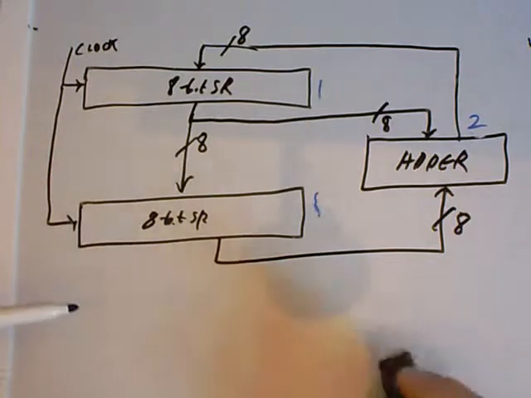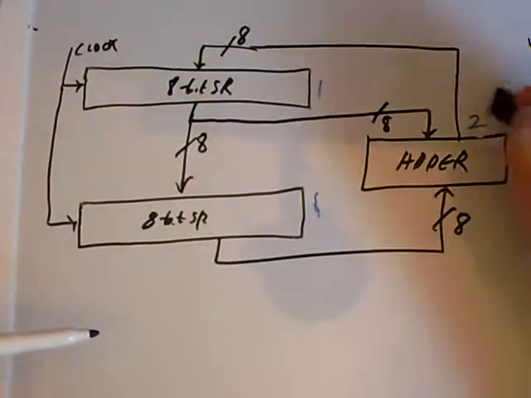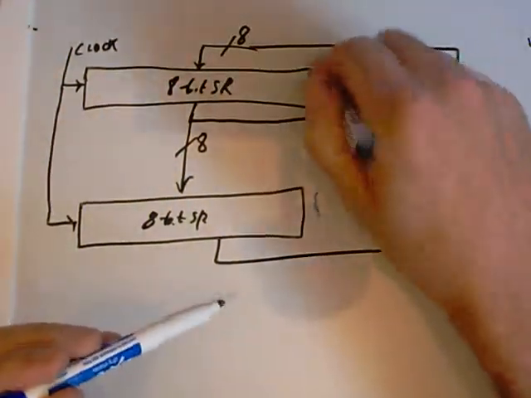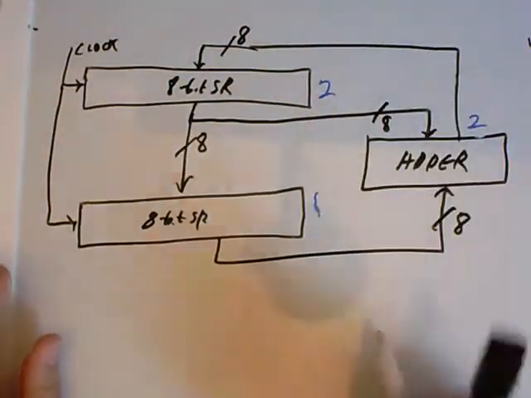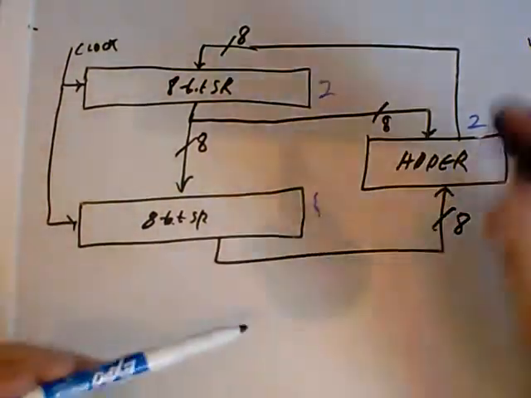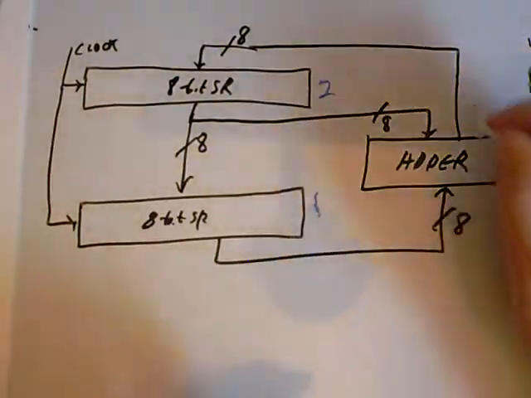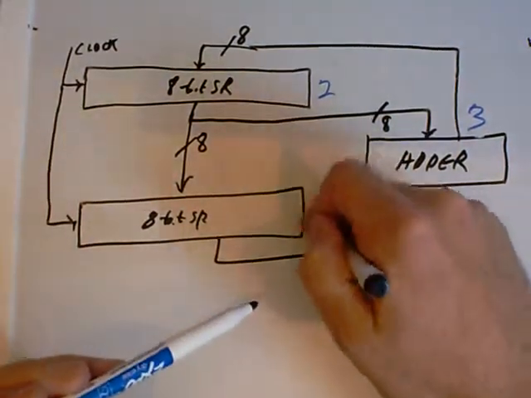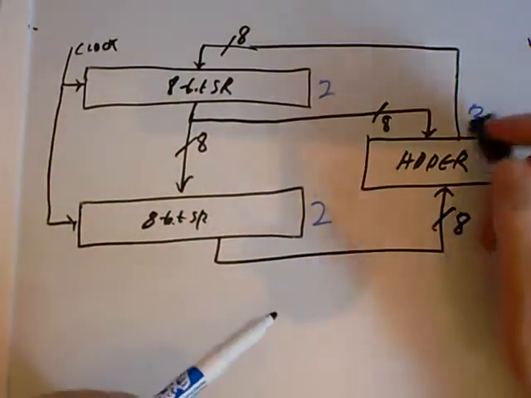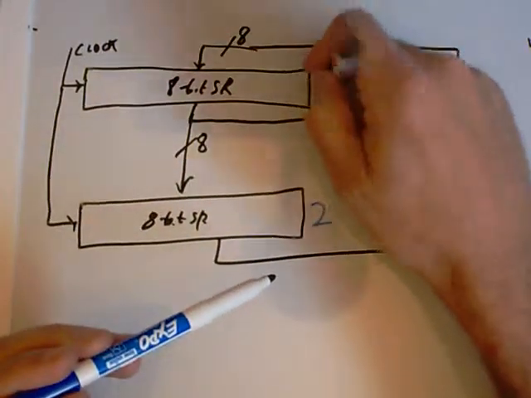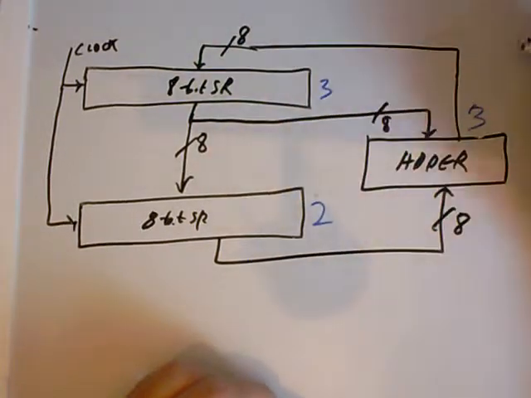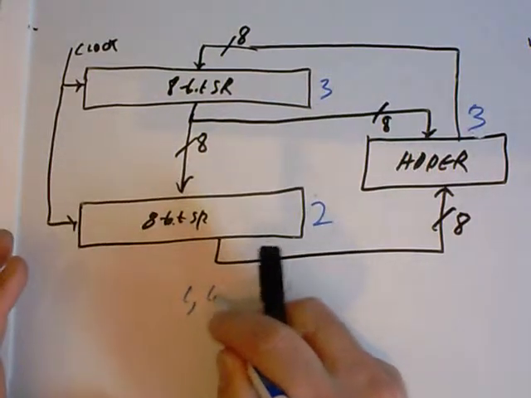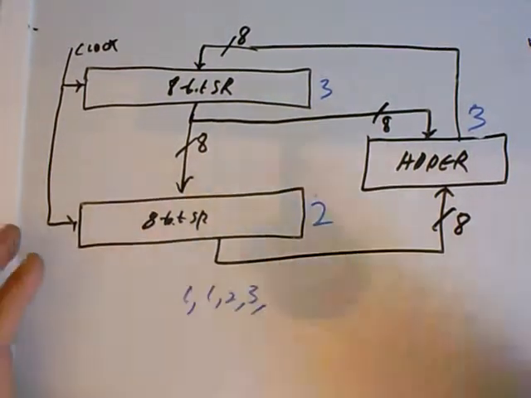The next time we tick the clock, this 1 will get shifted into here, but the 2 will get shifted into this register on the top, and we'll have a 2 and a 1, and the 2 and the 1 will add to give us 3. And the next time we tick the clock, this 2 will shift down here. The 3 will get shifted into the top, and we'll have our 3. So we've been outputting a sequence of 1, 1, 2, 3.